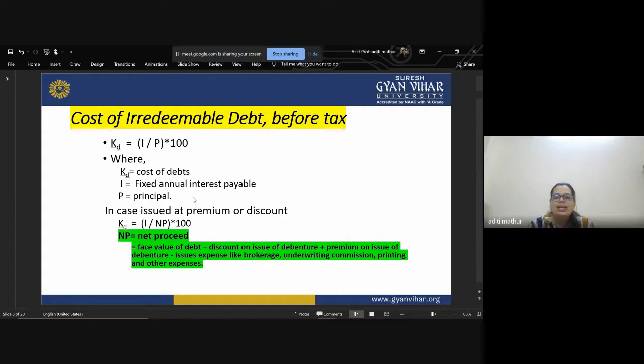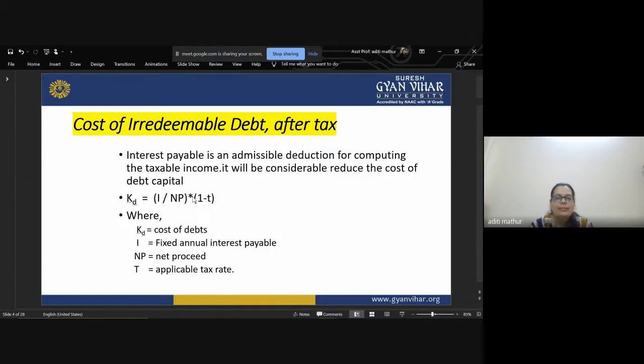And if it is the case of issue at premium or discount, we simply divide by net proceeds instead of principal. The formula to calculate net proceeds is face value of debentures minus discount plus premium minus issue expenses like brokerage, underwriting commission, printing, and other expenses.